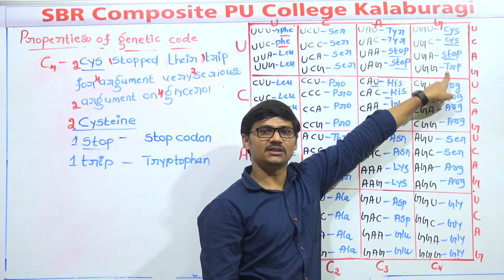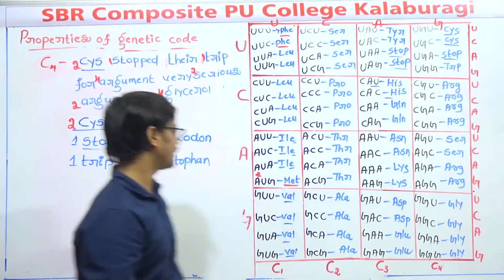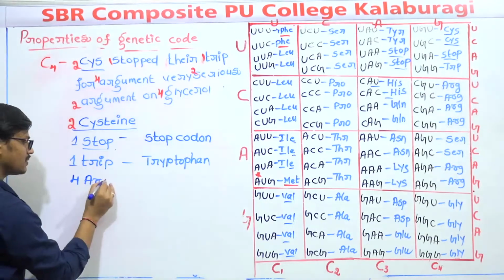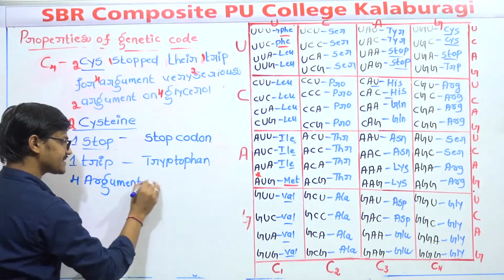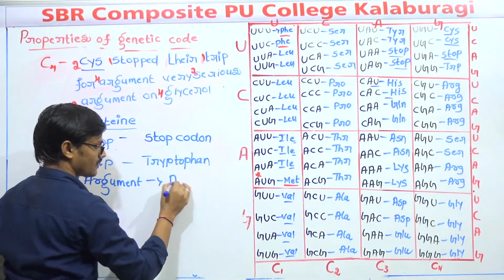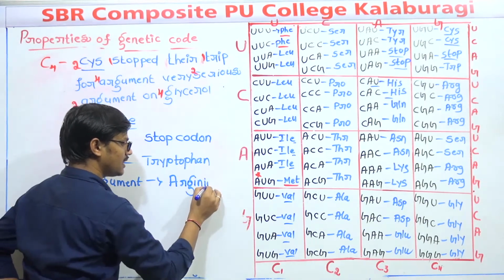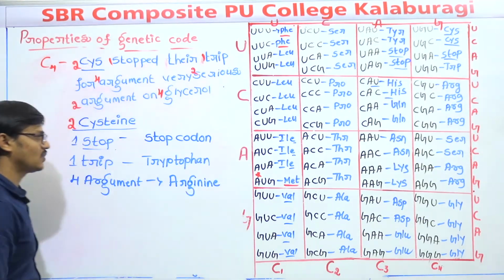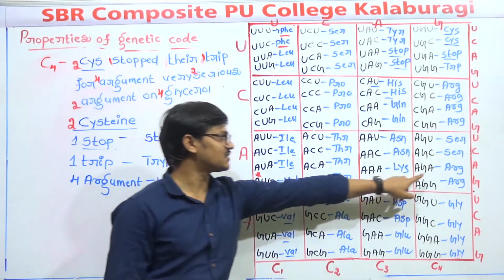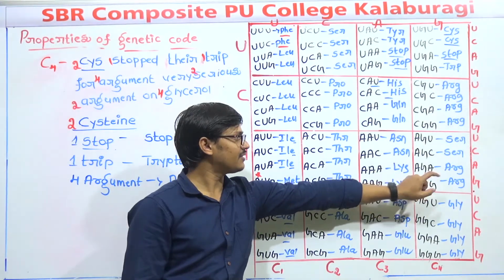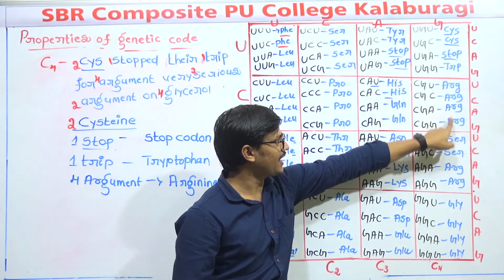It is the tryptophan amino acid, as you can see here. In abbreviated form, it is called TRP. Then here argument stands for an amino acid. The name of the amino acid is arginine. By the way, how many codons are there for arginine? 1, 2, 3, 4.